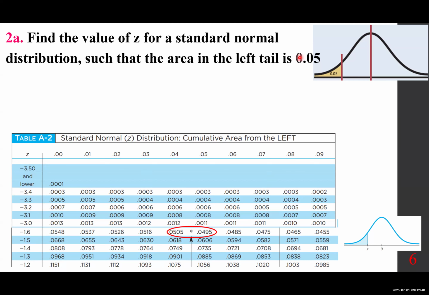We don't have 0.05. 0.05 is between these two. So this one corresponds to negative 1.64, and this one negative 1.65. And because we want 0.05, it's in between, so we would say negative 1.645. That's how you do the reading.